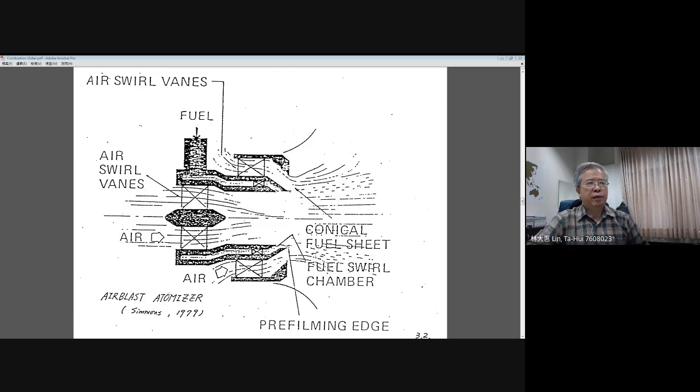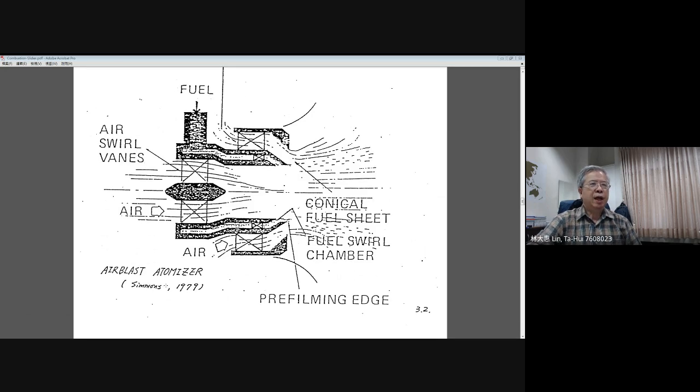Okay, we have just finished some mechanical mechanisms for producing liquid sprays, and basically they are controlled by the pressure of the liquid fuel, and also they have some assistance from a secondary fluid, for example steam or air. Basically, we call this a twin fluid atomizer, and you understand how to make the spray as a foam with many tiny droplets, which is the main goal of using these different kinds of atomizers.